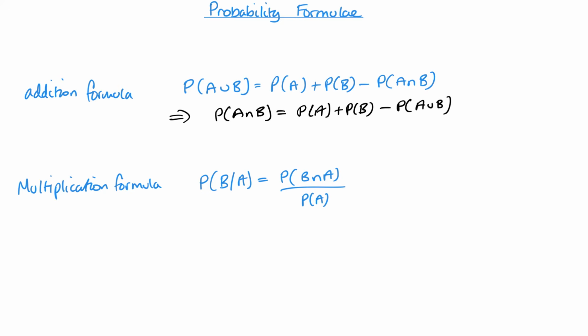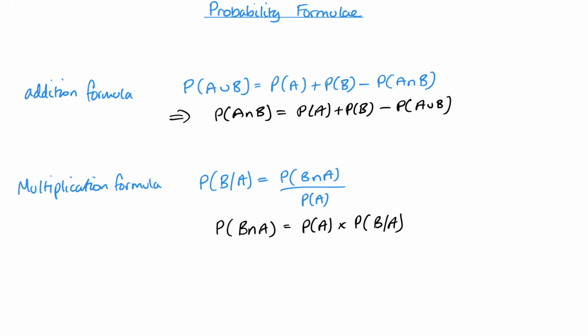Again, we can do a little bit of rearranging here, so we get the probability of B intersection A is the probability of A multiplied by the probability of B given A has happened.